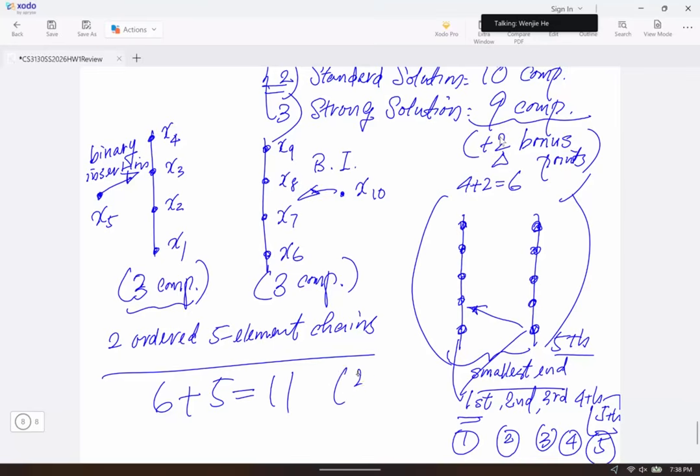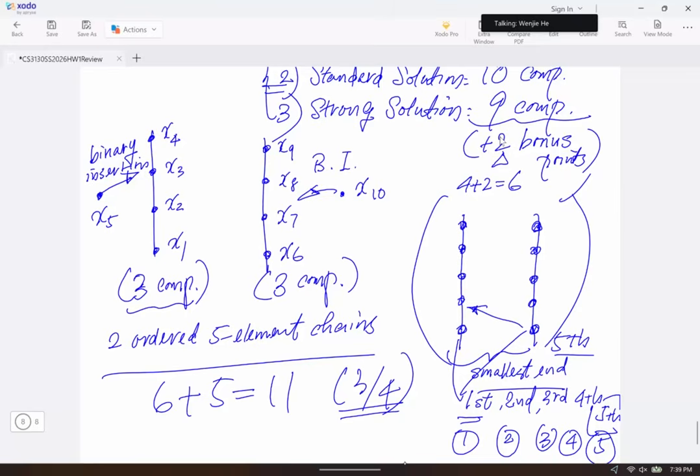So that's 3 out of 4 points. If the question is too hard, you just set your goal to the weak solution. That's pretty good.